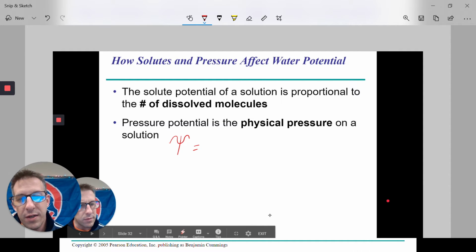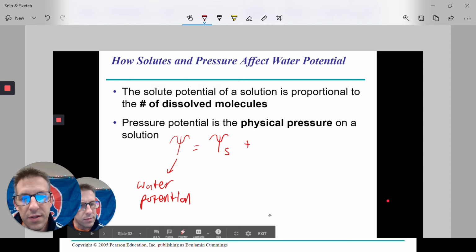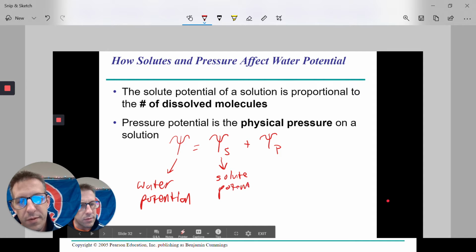This symbol right here stands for water potential. Water potential is a function of the solute potential plus the pressure potential. This symbol stands for solute potential.